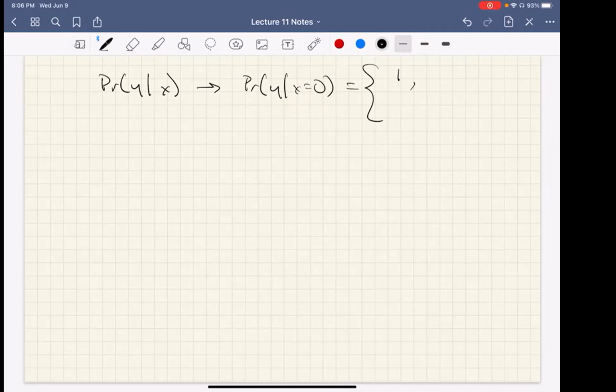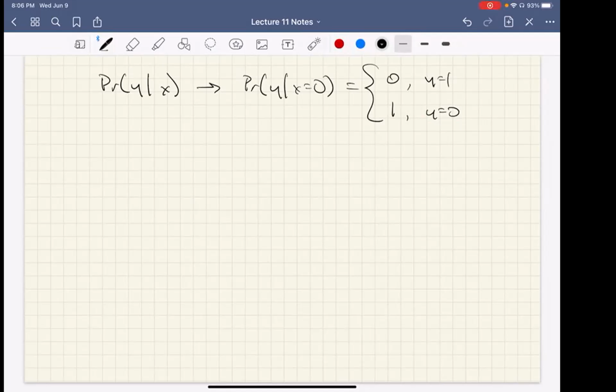The probability that Y is 1 is 0. The probability that Y is 0 is 1. So if we send nothing, we receive nothing with probability 1.